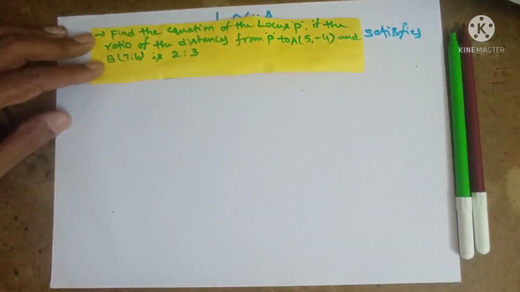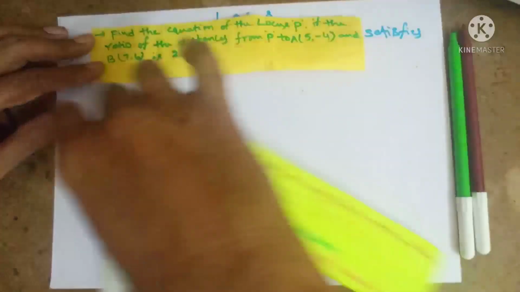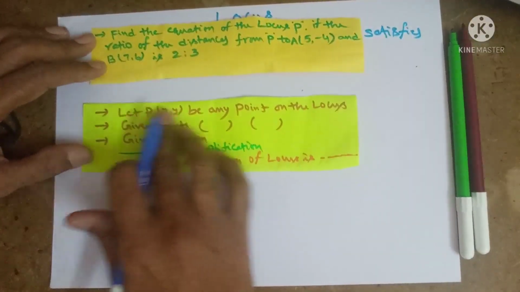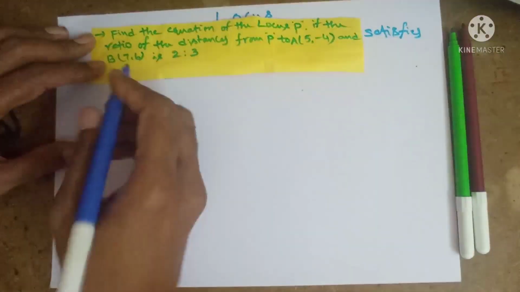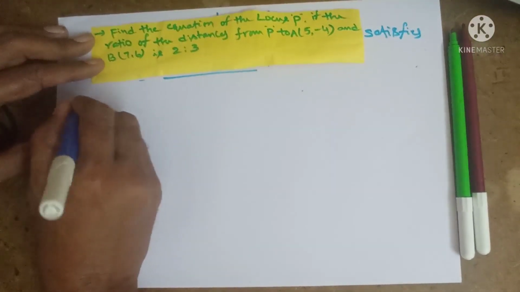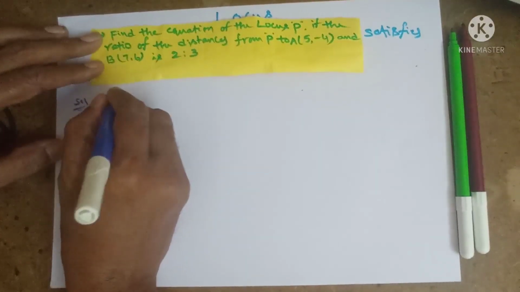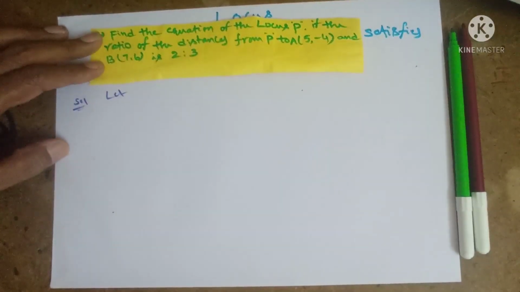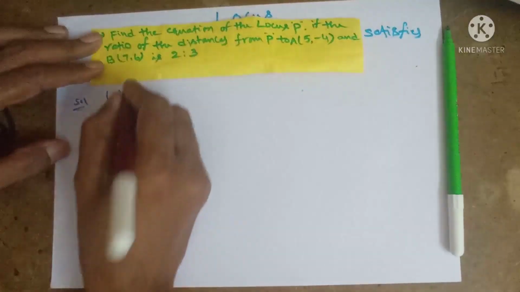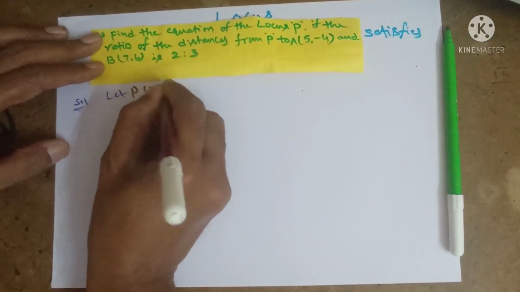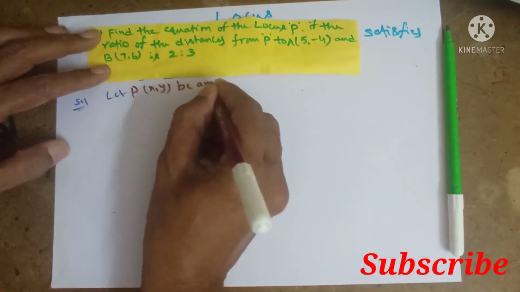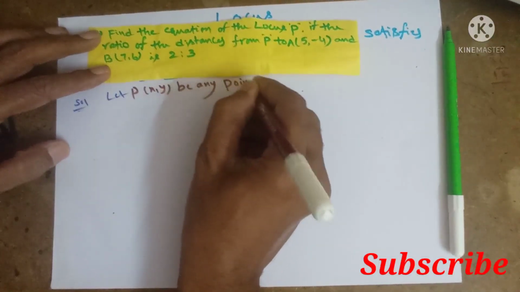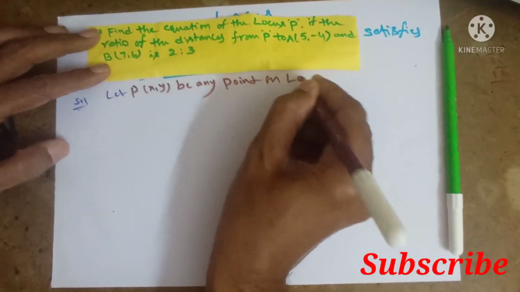First I said just now, let P of x comma y be any point on locus. So solution: let P of x comma y be any point on locus.